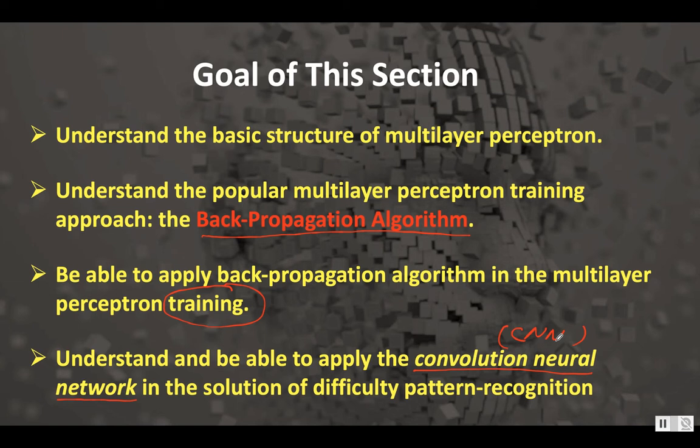In general, the CNN is one of the multi-layer perceptrons, or you can say the CNN is one application of a multi-layer neural network. We will introduce the convolutional neural network in this chapter and also give you a very interesting project.